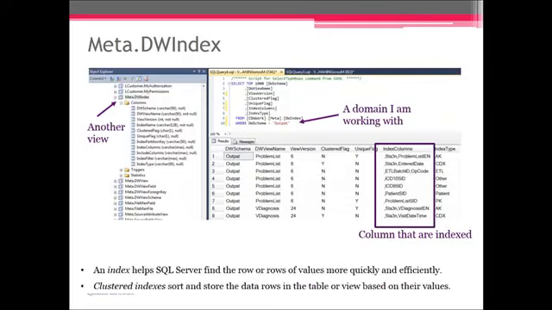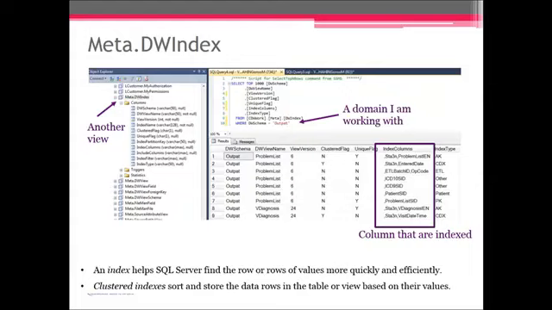So what do we mean by this index term? Well, from just a quick Google search, you can get a basic answer. An index is a kind of column in SQL that will help SQL Server process your request by finding the row or rows of values that you're asking for in your query more quickly and efficiently.